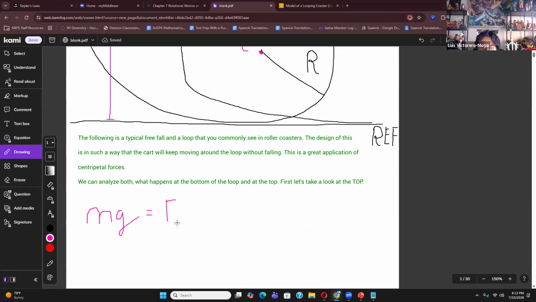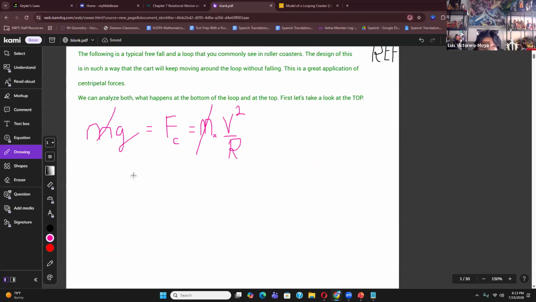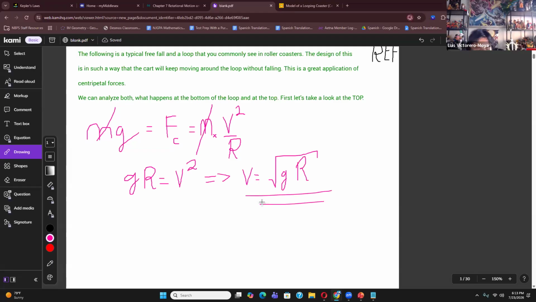The centripetal force equation is mass times centripetal acceleration, which is v squared divided by r. So mass is irrelevant, as you already have seen in labs or in conservation of energy, it cancels. So gr equals v squared. So v is the square root of gr. That's the condition.